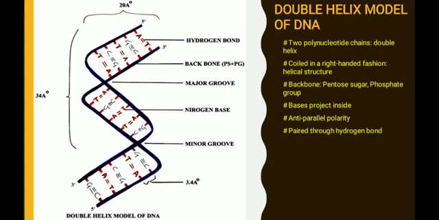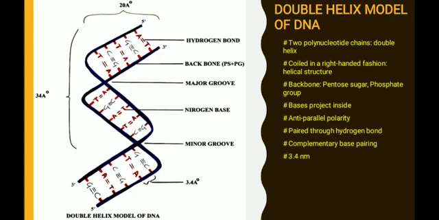The formation of hydrogen bonds between the purines of one strand and pyrimidines of another strand, as well as vice versa, is called complementary base pairing. So this is a unique feature of double-stranded DNA molecule, that is complementary base pairing.